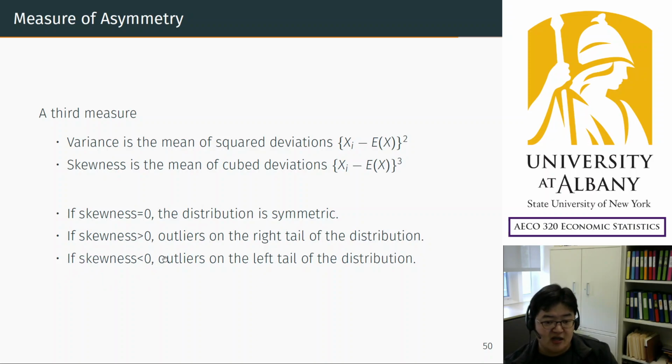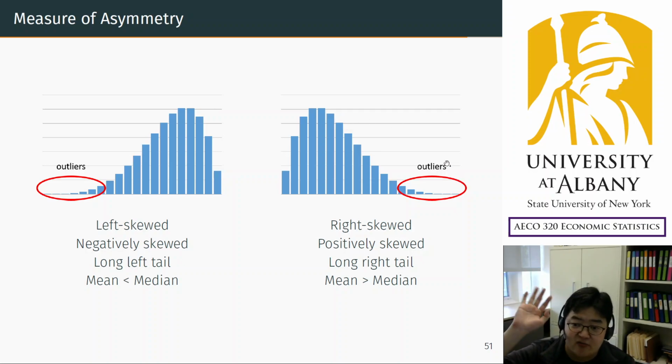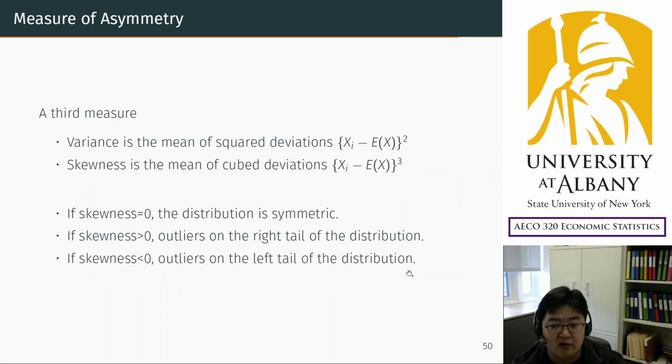Then it means that outliers are on the left tail. Of course, if you flip the image, then outliers are on the right side. We call this right skewed, positively skewed, and the right tail is long. The mean is greater than the median, but the more formal definition is based on the skewness measure, because it is a measure of asymmetry.